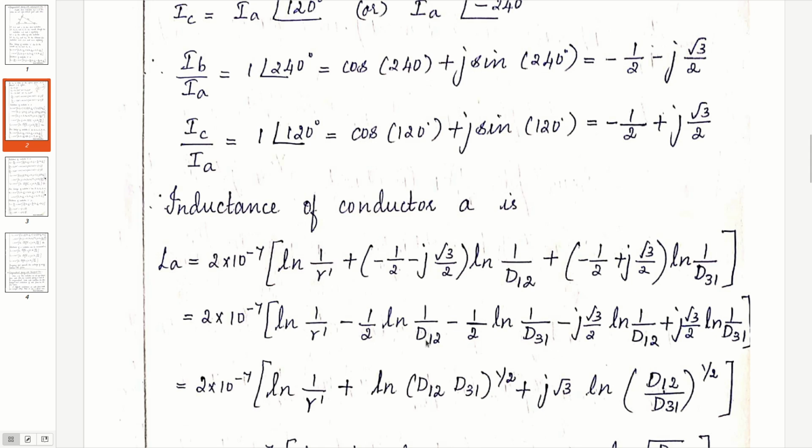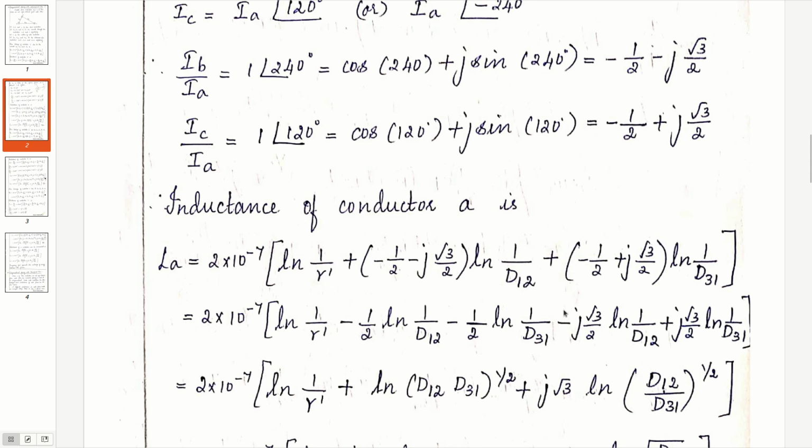So now it will be 1 by 2 ln d12 plus 1 by 2 ln d31. Addition of natural logarithms will be ln of d12 into d31. Then this 1 by 2 can be taken to the power. So this is the simplification of these two terms: ln of d12 d31 to the power 1 by 2.